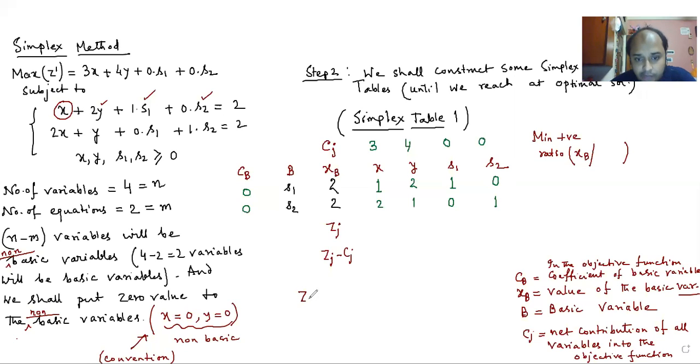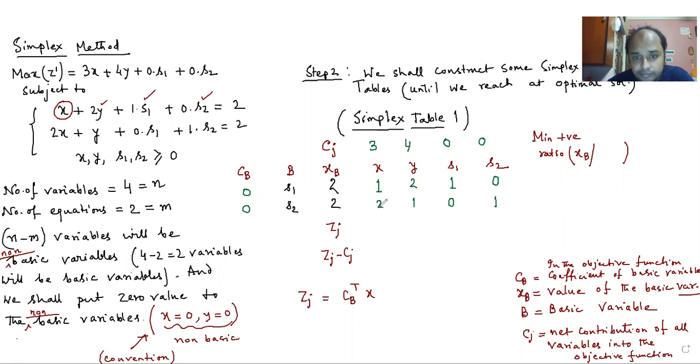The formula of Zj is like this. CB, represented in column form, will now be represented in terms of a row. So we are writing CB transpose, and that will be multiplied by the variables in their column form.